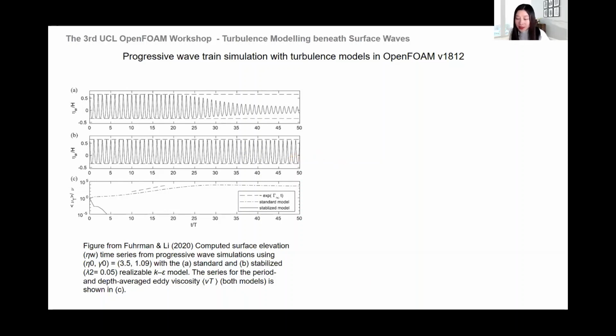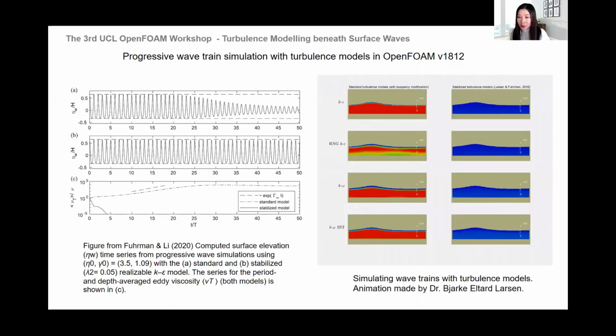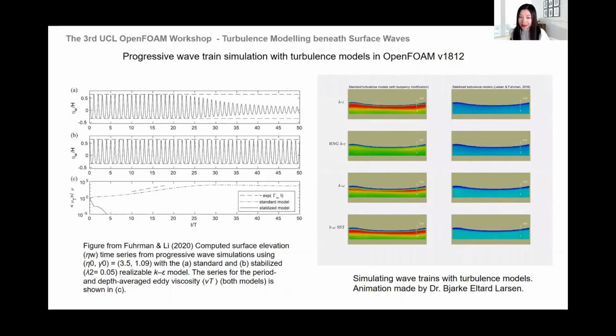For other two-equation models, no matter what you set up for initial conditions, the wave will decay after some wave periods because they are unstable unconditionally. This is again due to the inherent problem within two-equation turbulence models, both K omega and K epsilon types.